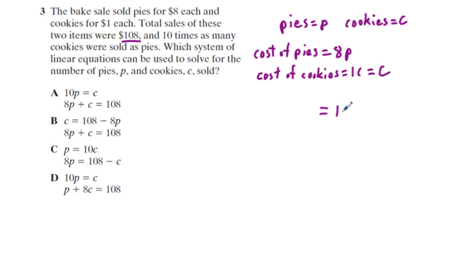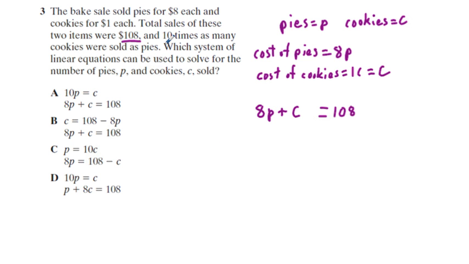So 8 times the number of pies plus the number of cookies times 1. So our cost for these total items is going to be 108.